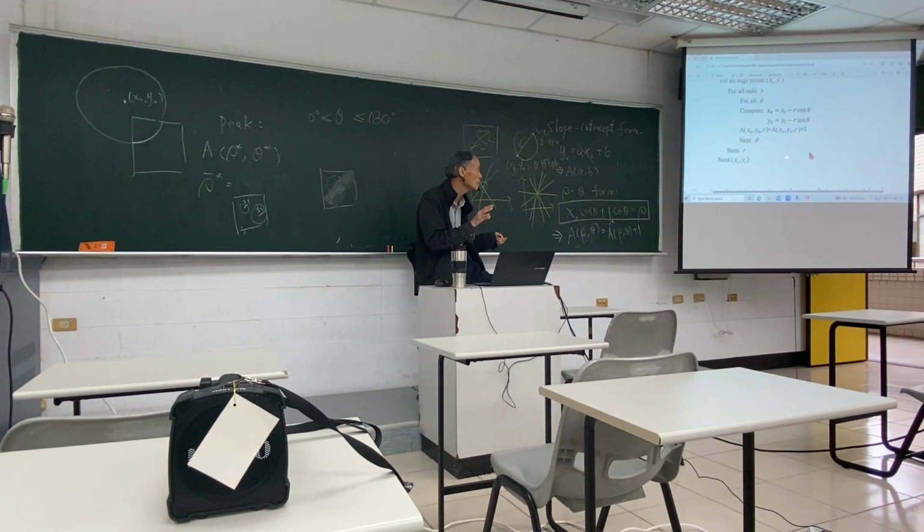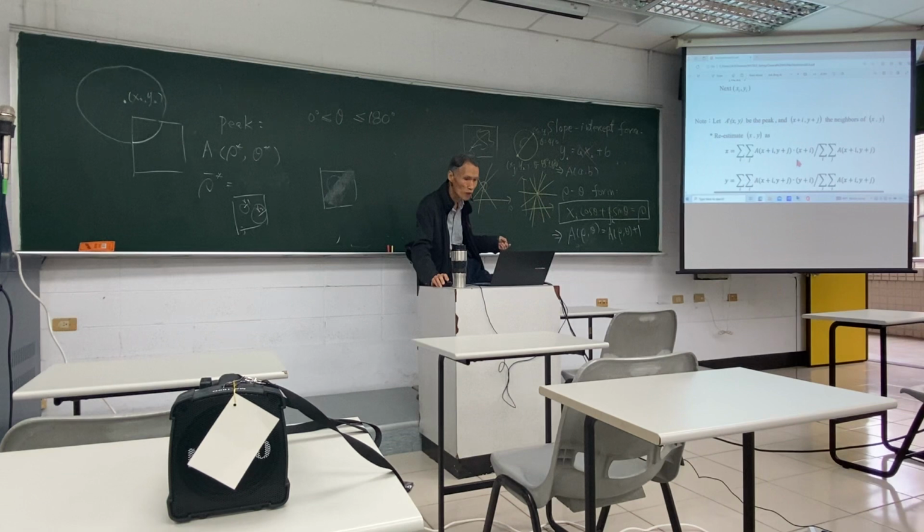After you identify the peak, you go back to look for the edge points, and then you try out the mean square error to fine-tune the parameter values. That's the whole procedure you need to do.